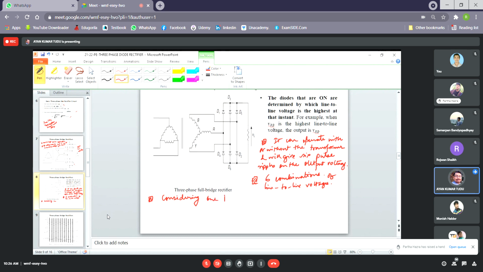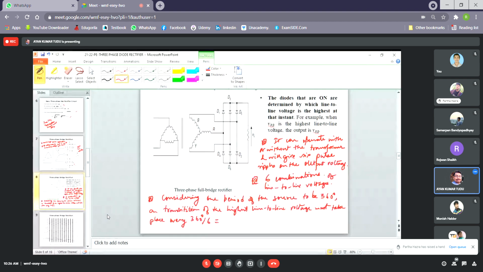Again, considering one period of the source to be 360 degrees, a transition of the highest line to line voltage must take place every 360 degrees by 6, that is, every 60 degrees.